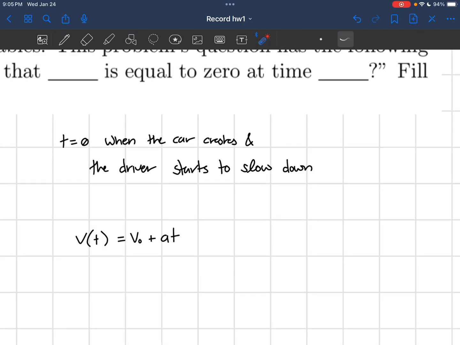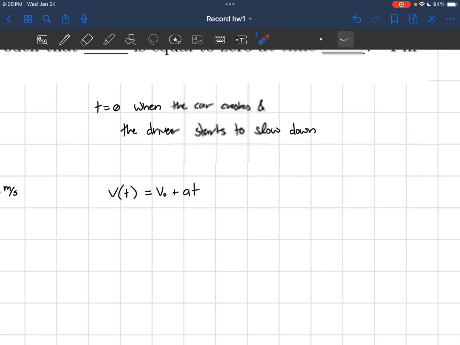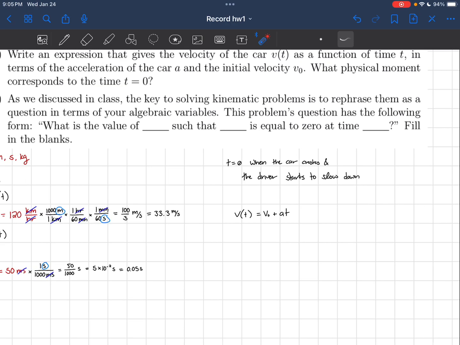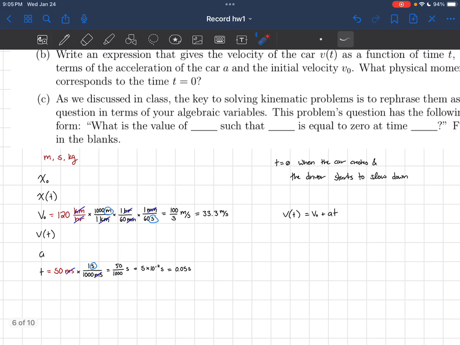Once the driver starts slowing down, that's when our problem starts. That's when our t equals 0. Because that's also when our velocity, at t equals 0, is 120 kilometers an hour or 33.3 meters per second. And because that's our velocity at t equals 0, that's why we call that our initial velocity.